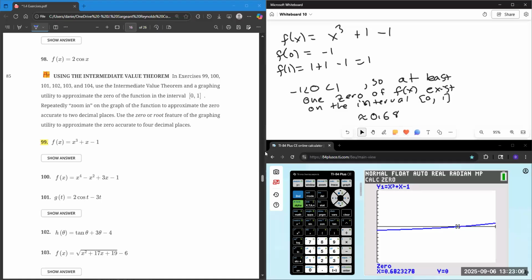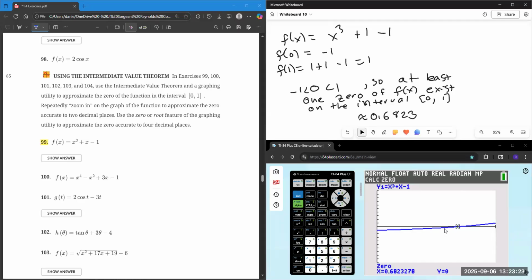It says to 4 decimal places here, that's what the calculator gives. Now they want us to find it to 2 decimal places just by zooming in.